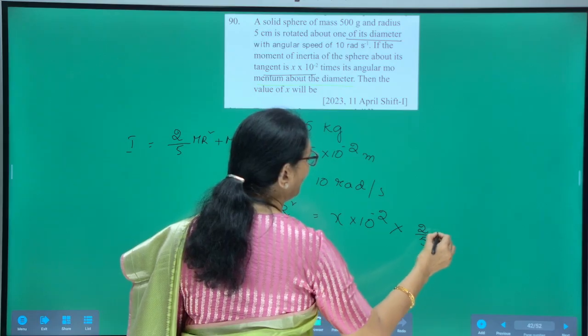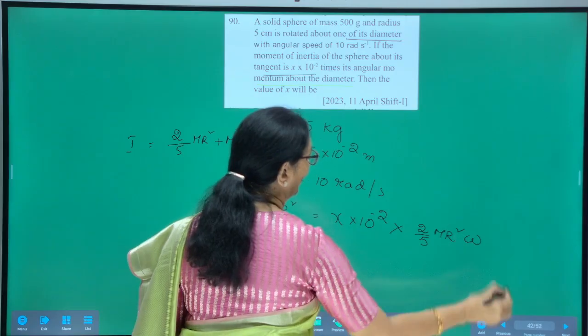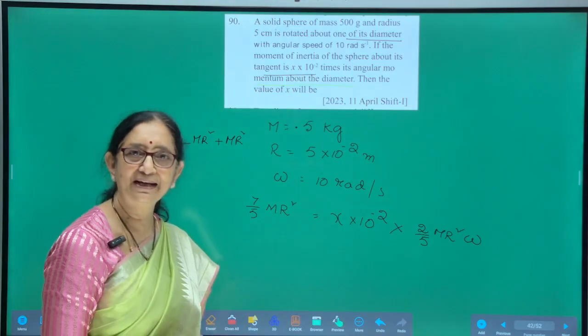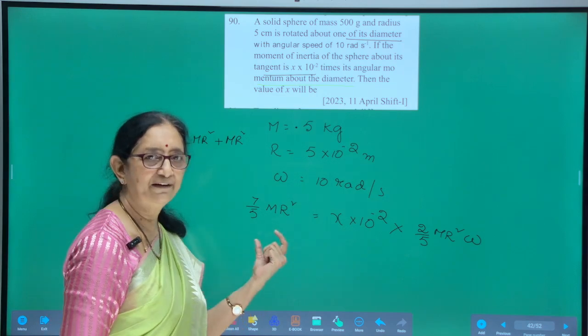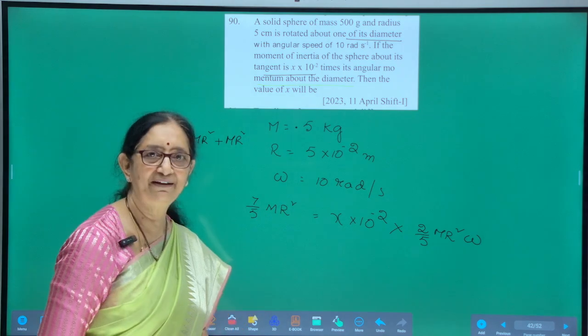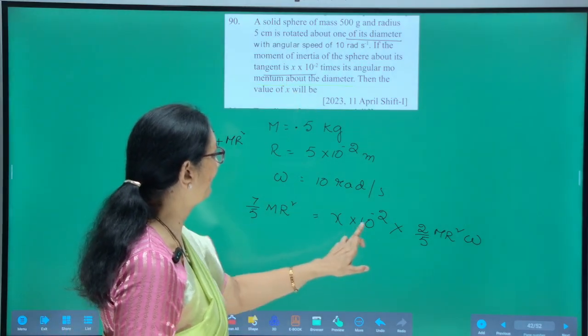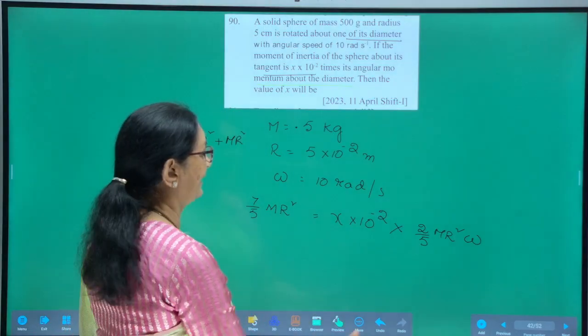I is 2 by 5 mr square about the diameter, omega. So, here it is mentioned that for a solid sphere about the tangential axis, moment of inertia, that is 7 by 5 mr square, it is equal to x into 10 power minus 2 times its angular momentum about the diameter.